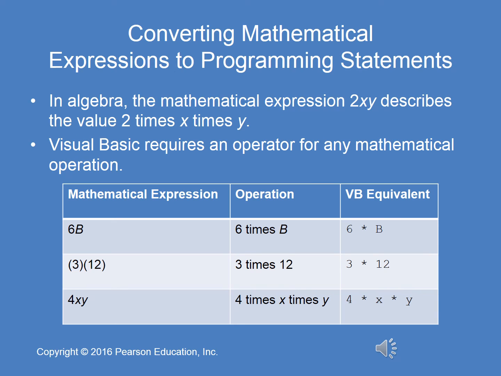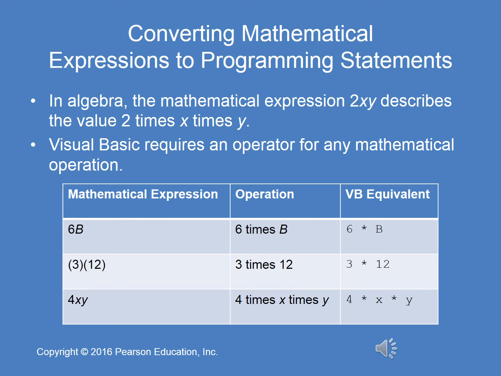One of the mistakes I often see students making at the beginning of their programming learning experience is to use algebraic notation for mathematical expressions, such as 2xy describes the value 2 times x times y.